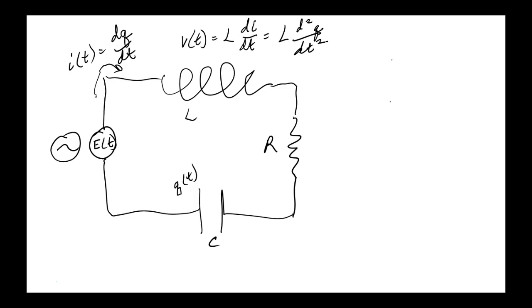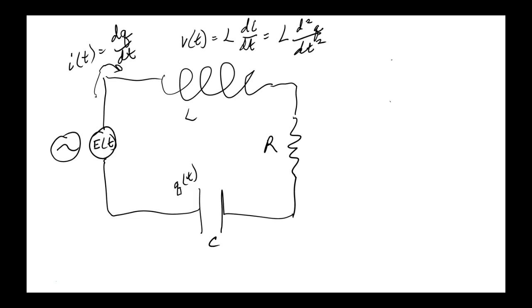It's sort of like velocities and accelerations. A velocity is the time rate of change of displacement. Acceleration is the time rate of change of velocity, but because velocity is this, it's the second time rate of change of displacement. So it's similar here, okay? So that's your energy drop across an inductor.